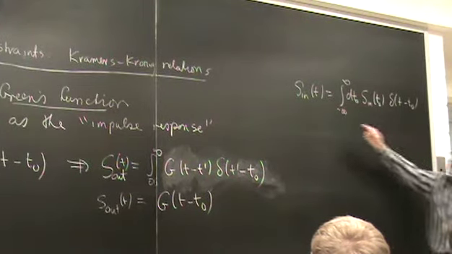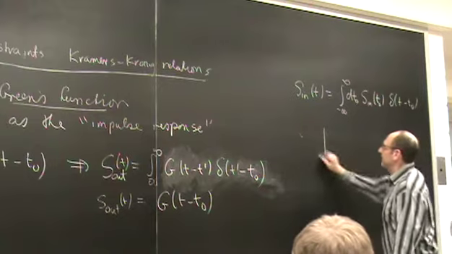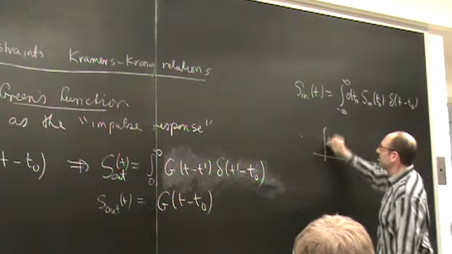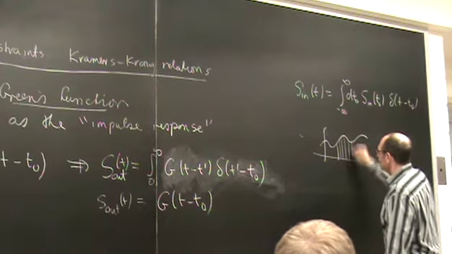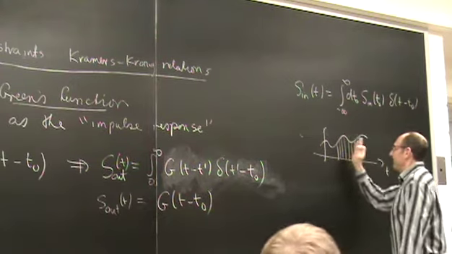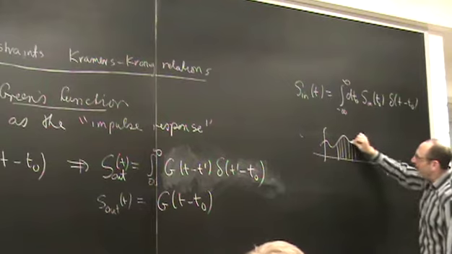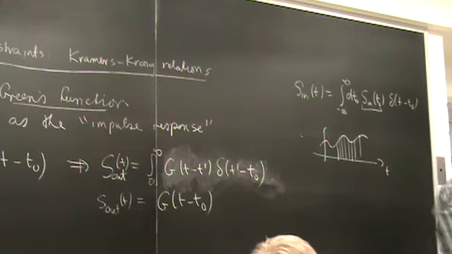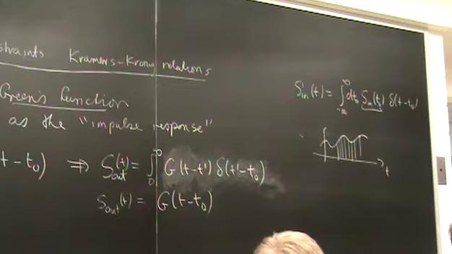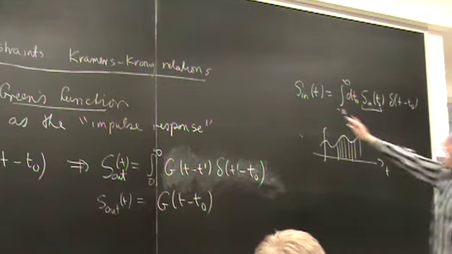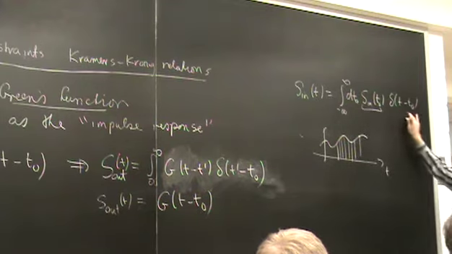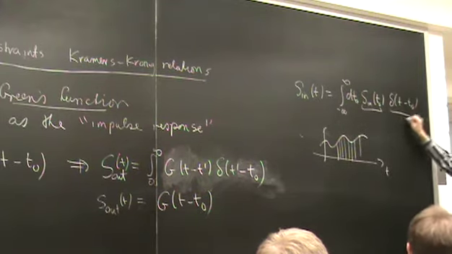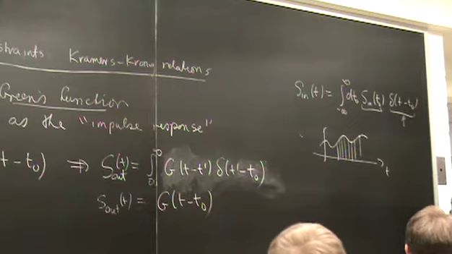So the signal itself as a function of time is just impulses at all different time intervals with a certain height given by this. And thus, the output signal is just the superposition of inputs with the response for each delta function.